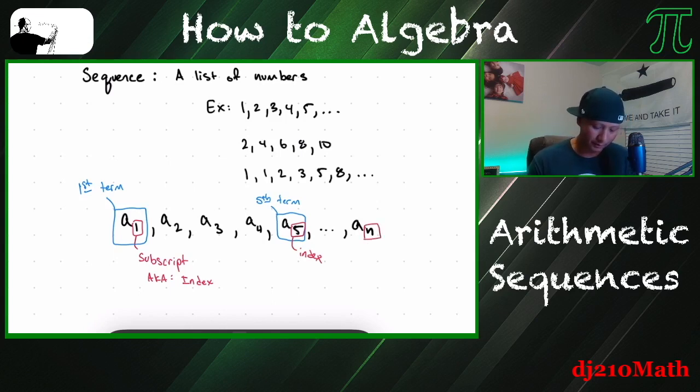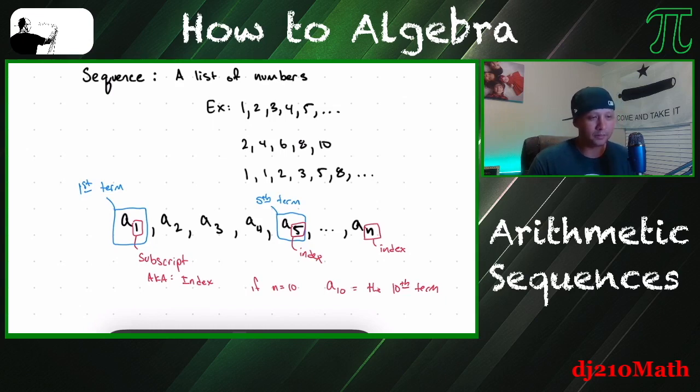N is the variable we use for the index, right? So if n is equal to 10, then we're referencing A sub 10, which would be the 10th term, or the 10th number in a sequence of numbers.